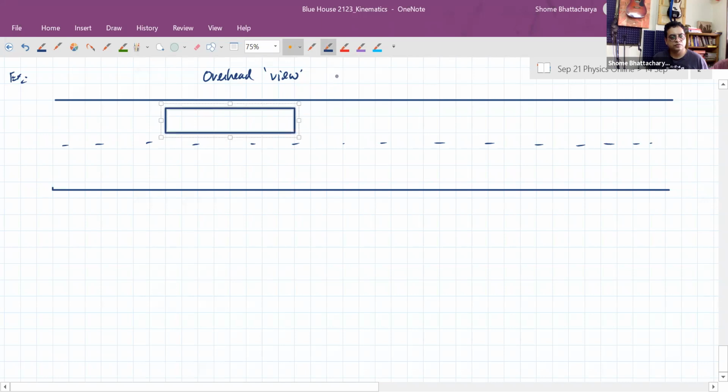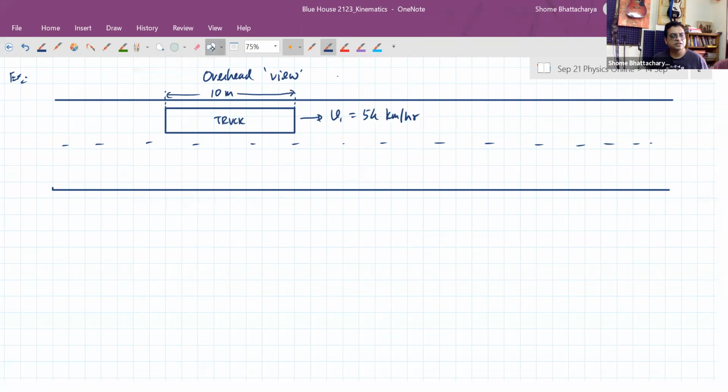In this we have a truck which is moving with a uniform velocity of 54 kilometers per hour, and the truck is 10 meters long.